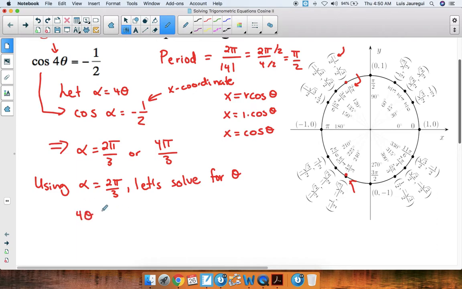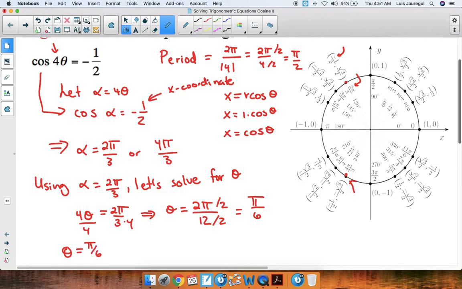So we have 4 theta is equal to 2 pi over 3. Now dividing by 4 on both sides, we get that theta is equal to 2 pi over 12. And after we divide both numerator and denominator by 2, we get that theta is simply equal to pi over 6. So that's our first angle, theta. Theta is equal to pi over 6.